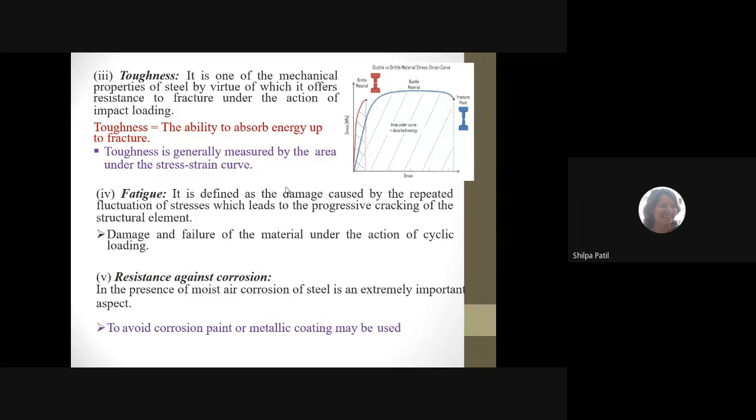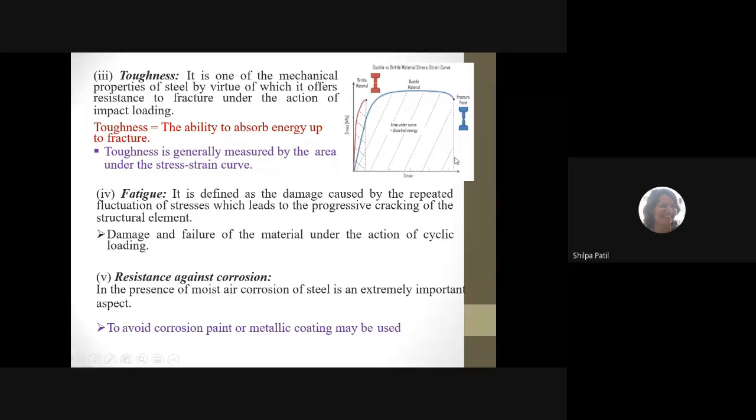Again, Charpy and Izod are two different researchers who gave the specific test procedures to find the toughness of steel or any metal. Toughness is defined as the ability to absorb energy up to fracture, that is, how much energy the steel or any metal can absorb before it fractures.